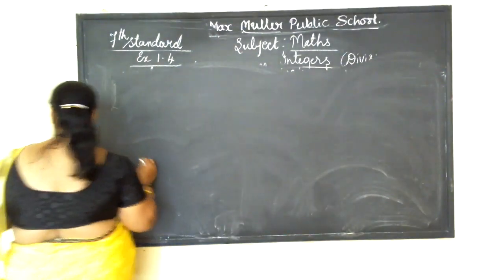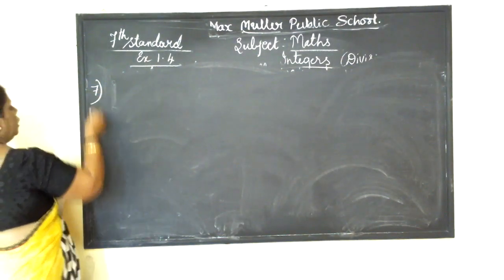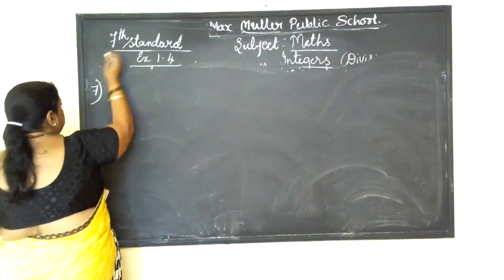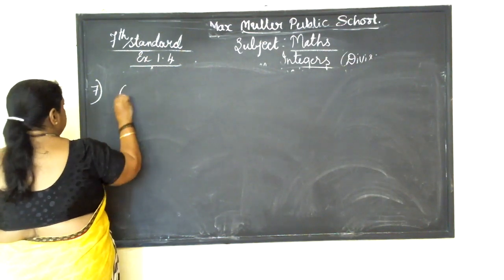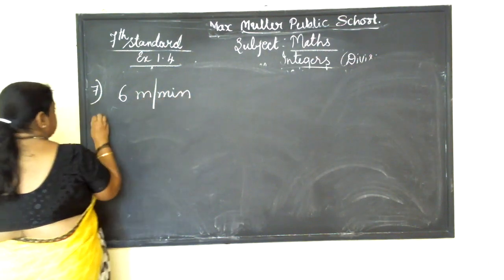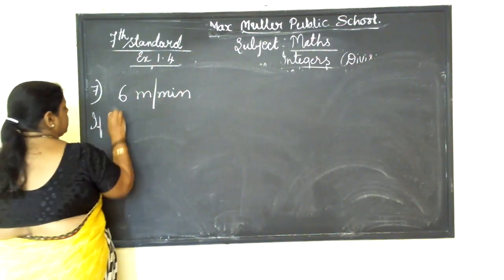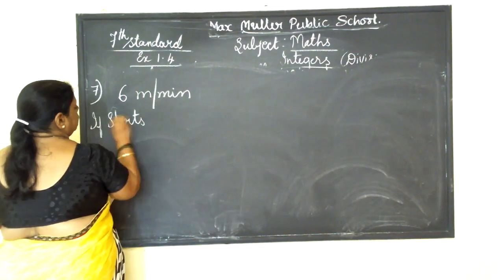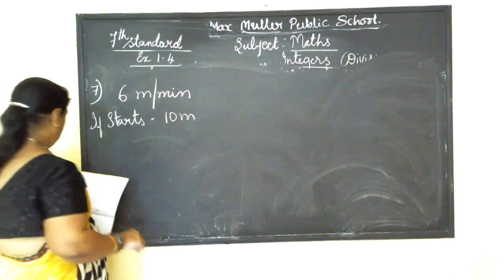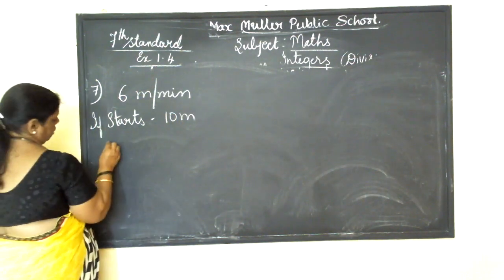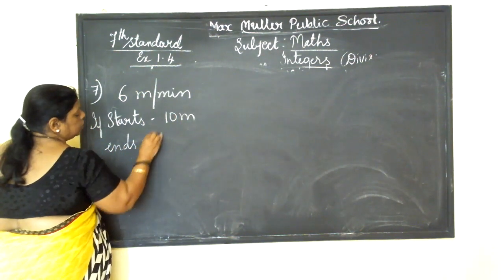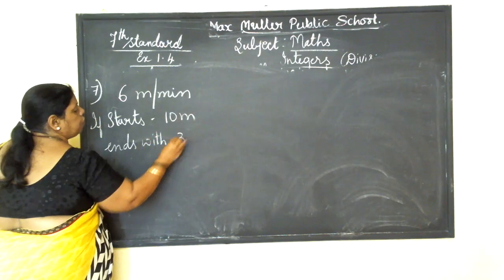So, 7th sum from your classwork. It is, see, 6 meters per minute. If it starts from 10 meters and ends with 350 meters.